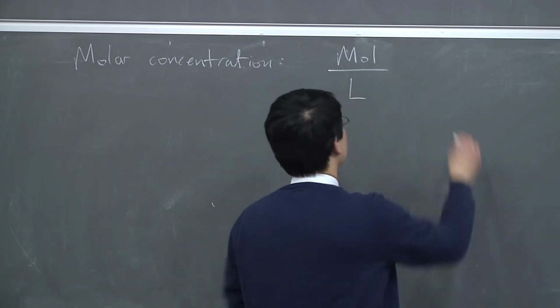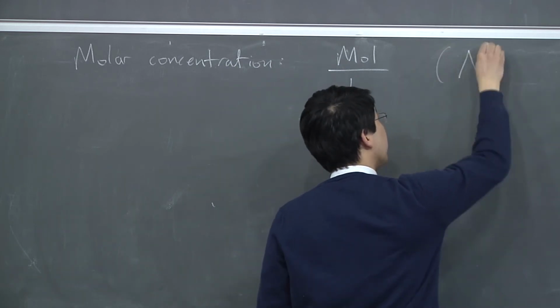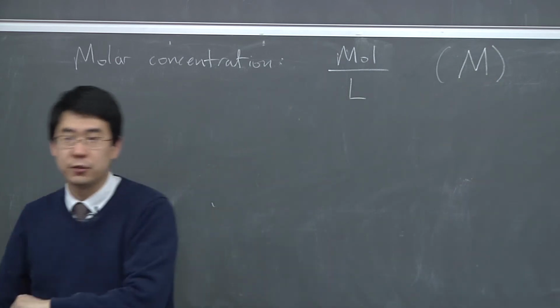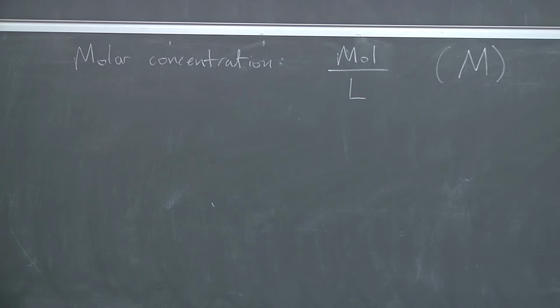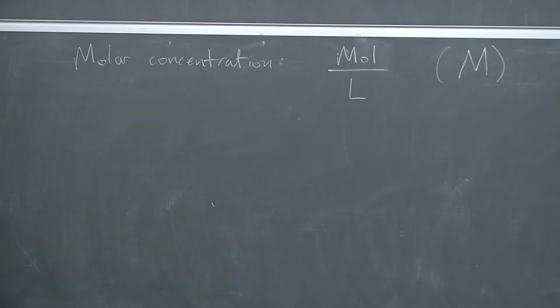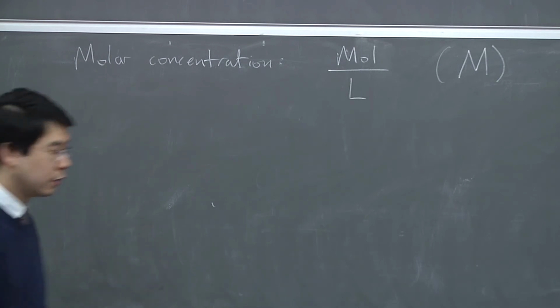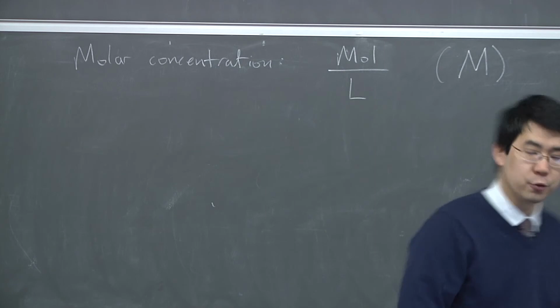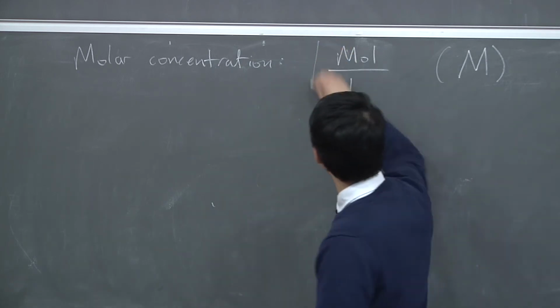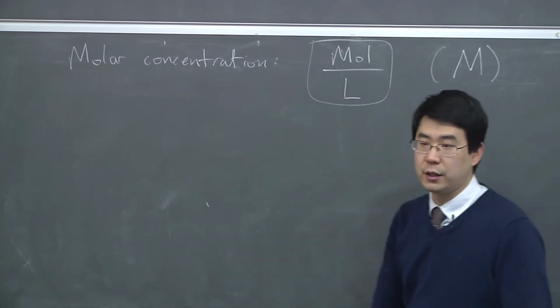And this can be abbreviated capital M. Has to be big, right? Because small m means something else, meters, right? You can also have mass concentration, things like grams per liter, grams per milliliter, milligrams per milliliter. Those are all things that can be used, but we're going to focus in on this one. Molar concentration is moles per liter.